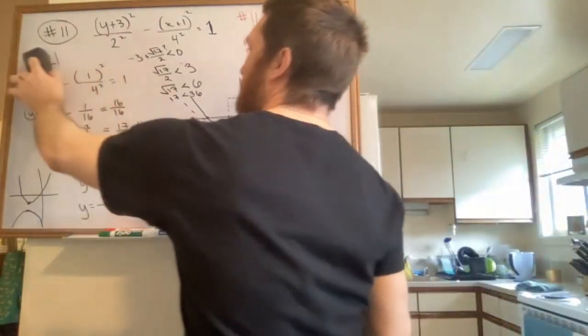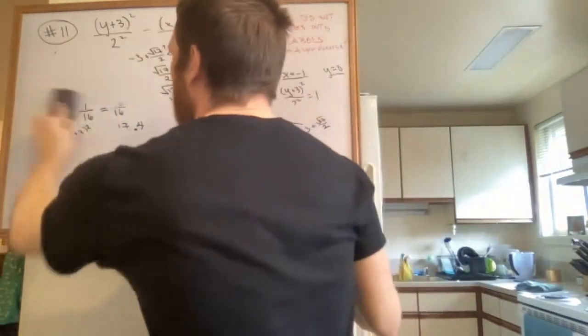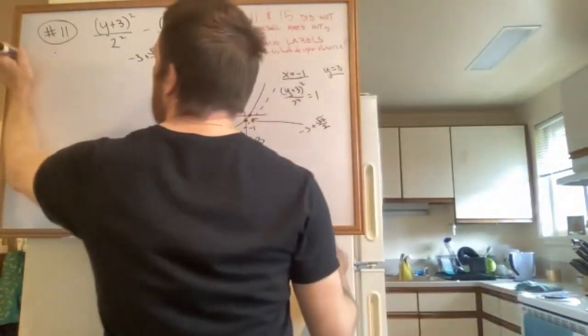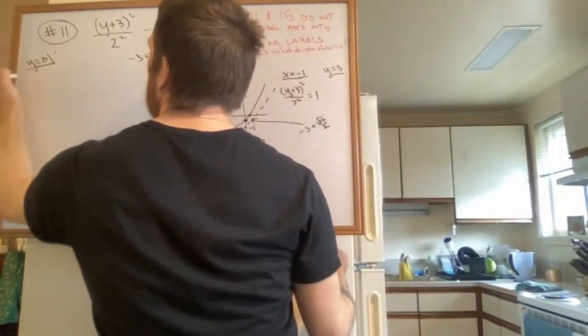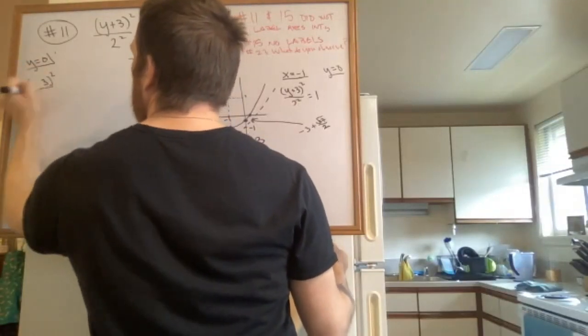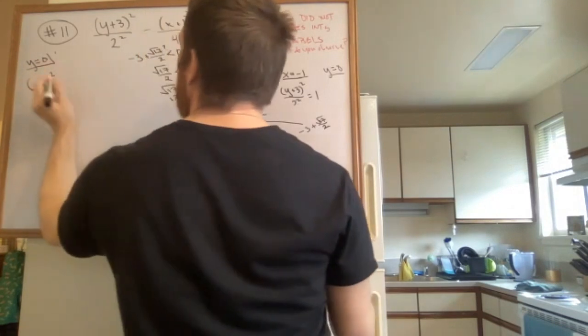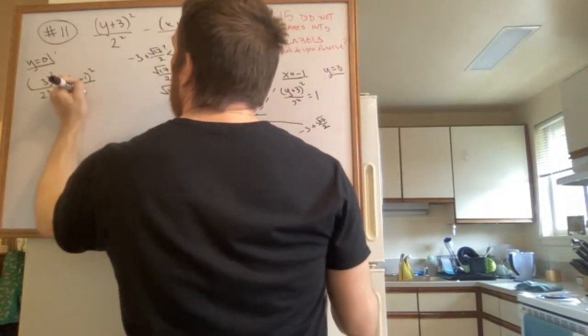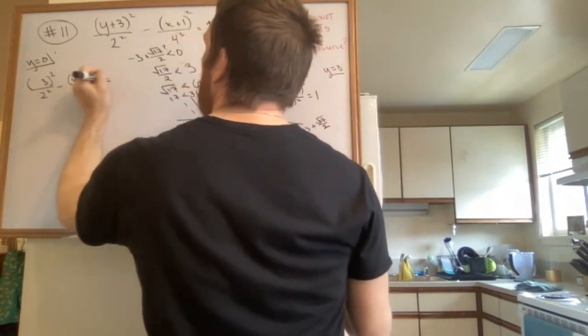Can I get rid of all this stuff right here? Yeah. All right. So now finally, I'm trying to find x-intercepts. So I set y equal to 0, and I get 0 plus 3 squared over 2 squared minus x plus 1 squared over 4 squared equals 1.